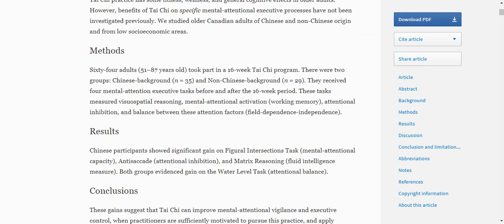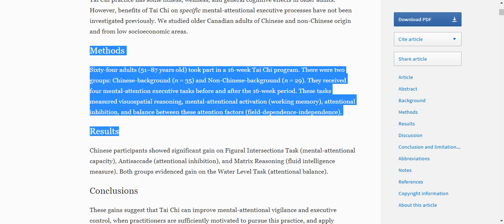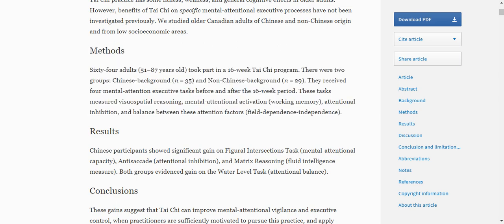Okay, so number two, you do want to look at the methods part, depending on how much information is in the abstract about the methods. Very specifically, look at what type of study method was used, right? So look at keywords such as randomized trial or a double-blind study.